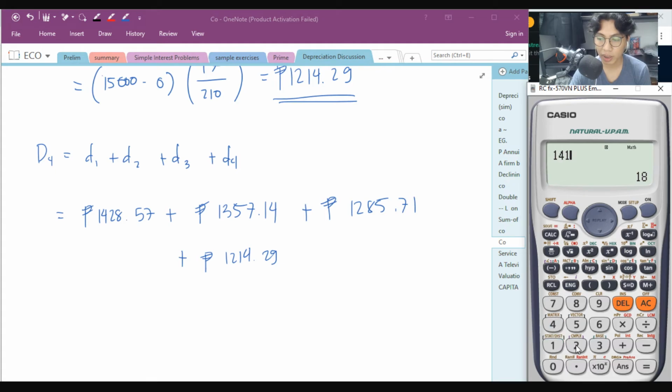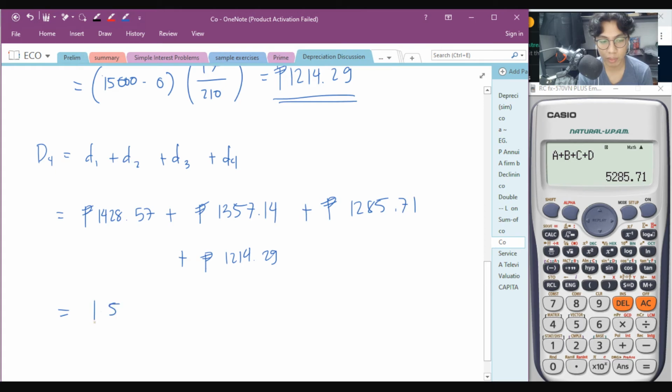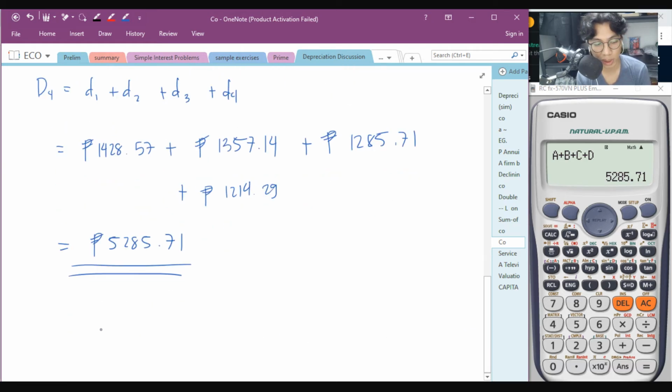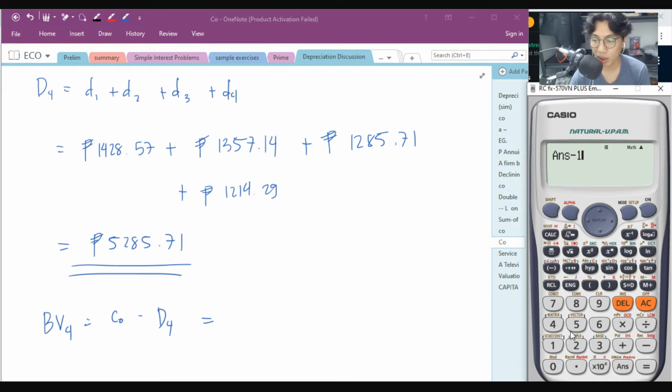A is 1428.57, B is 1357.14, C is 1285.71, and D is 1214.29. Notice they're correct because the depreciation values are dwindling down. So the total depreciation after 4 years is 5,285.71. Now find the book value after 4 years: the first cost minus the total depreciation at the 4th year, 15,000 minus 5,285.71.